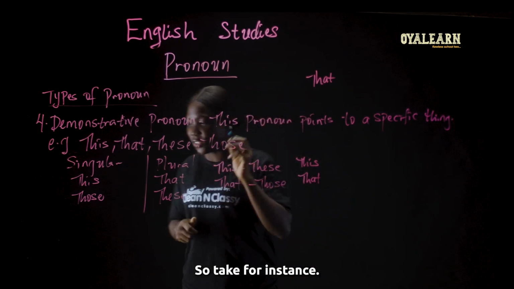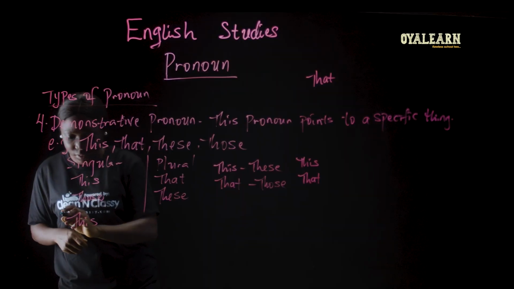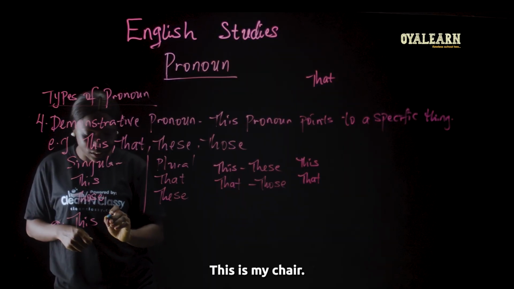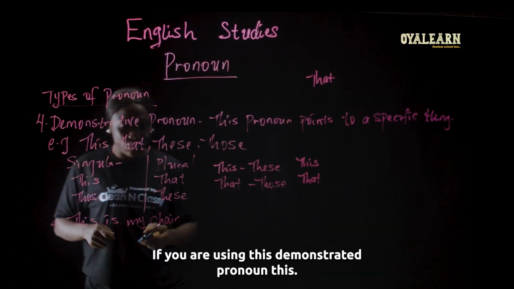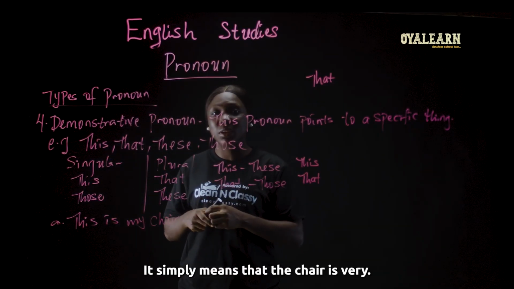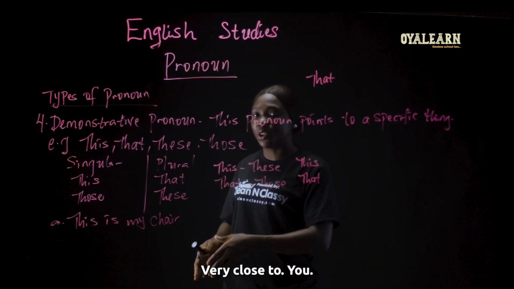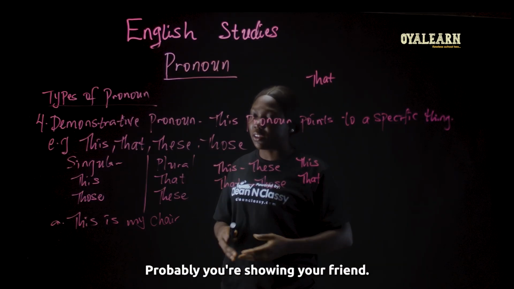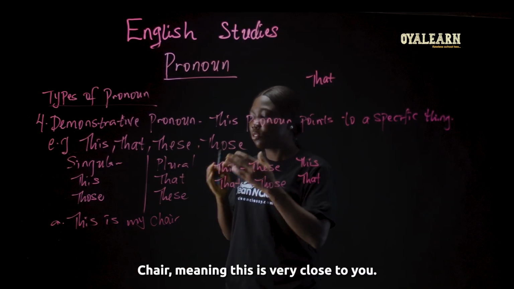So take for instance, you say, this is my chair. If you are using this demonstrative pronoun this, it simply means that the chair is very, very close to you. Probably you're showing your friend, this is my chair, meaning it is very close to you.